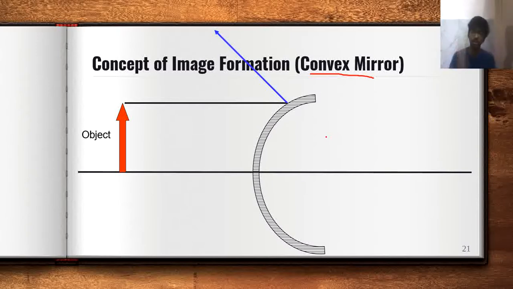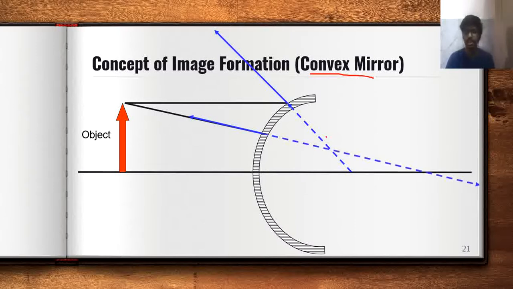It is important for you to understand that the reflected rays never meet in a convex mirror. So it is necessary to extend the reflected ray to the back of the mirror. Here we have extended. Now we have another incident ray and the corresponding reflected ray, which we have extended. So now this is the intersection point, the point of image formation. The image is formed here.